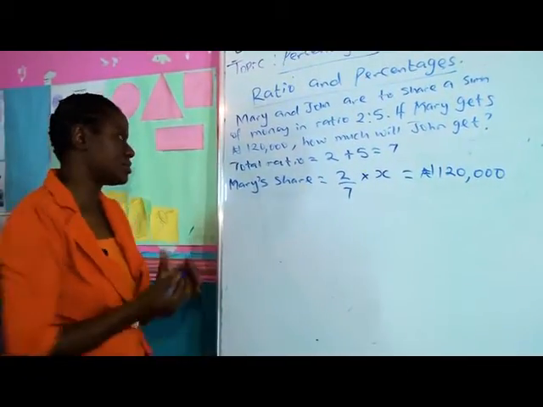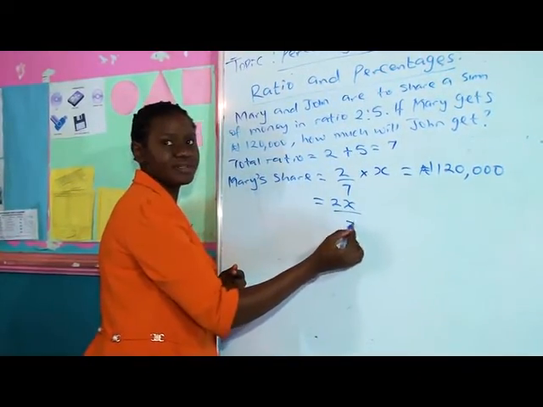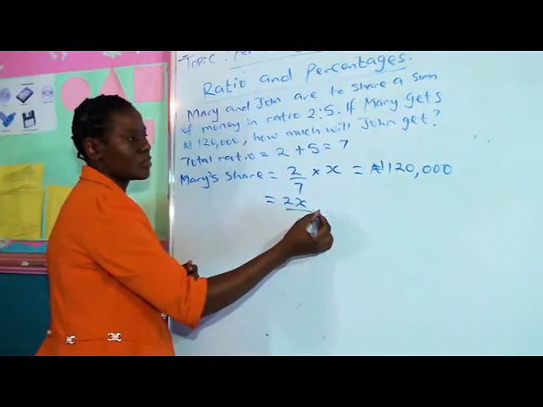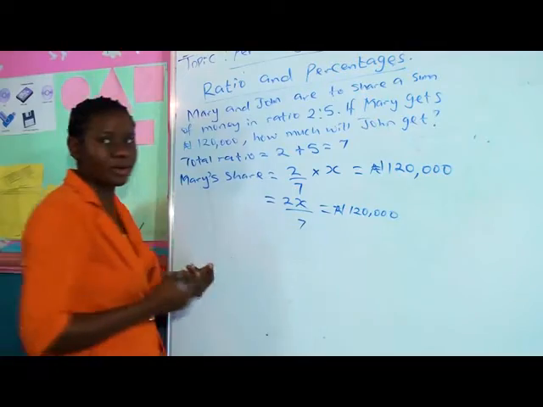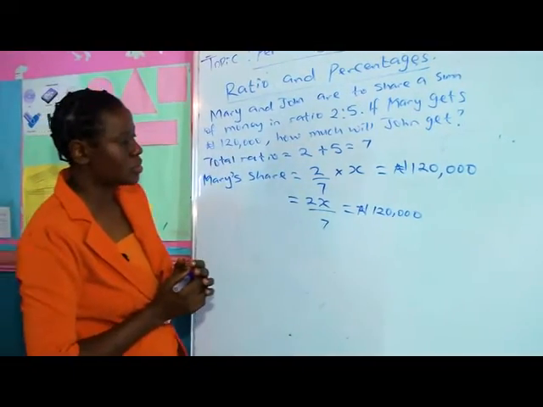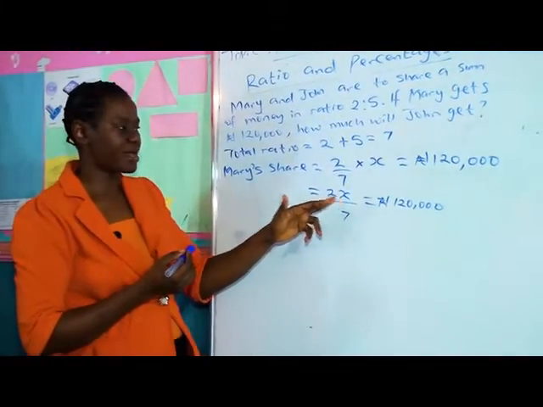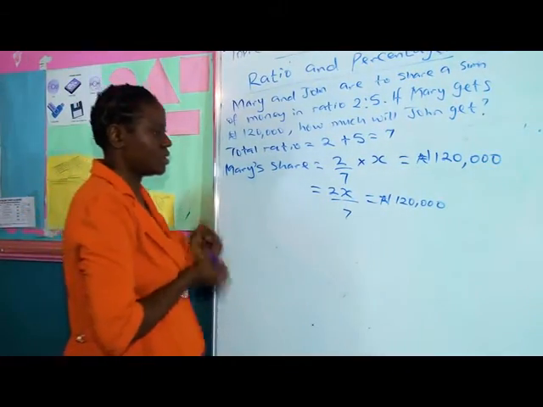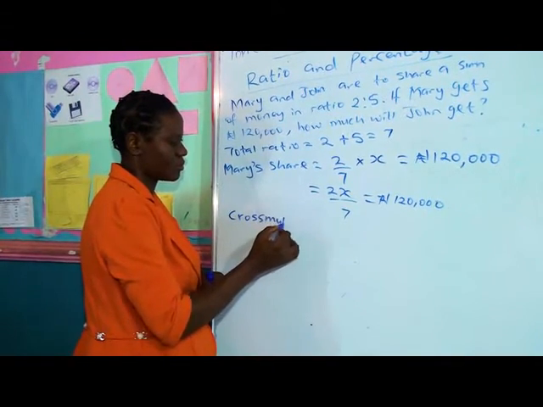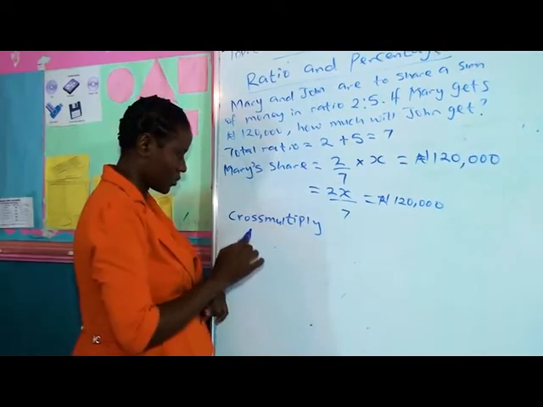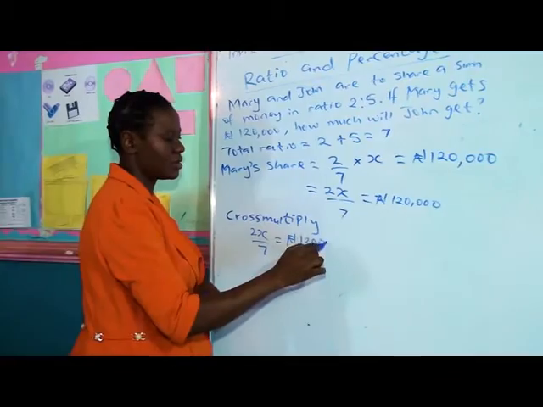Now we want to find x. 2 times x is 2x all over 7, giving us 120,000 naira. We need to find the value of x, so we go ahead and cross multiply. 2x over 7 equals 120,000 naira.